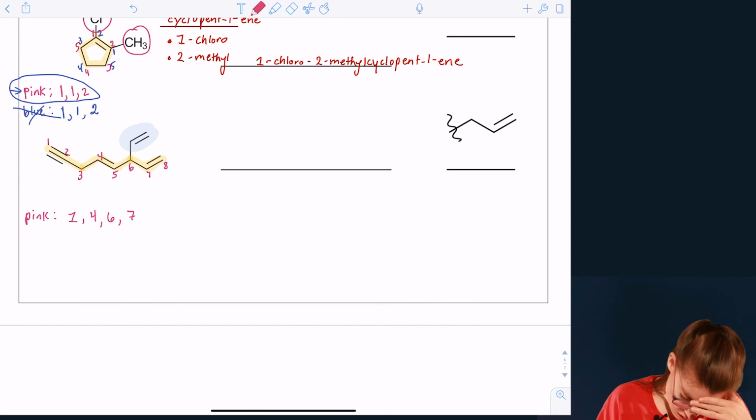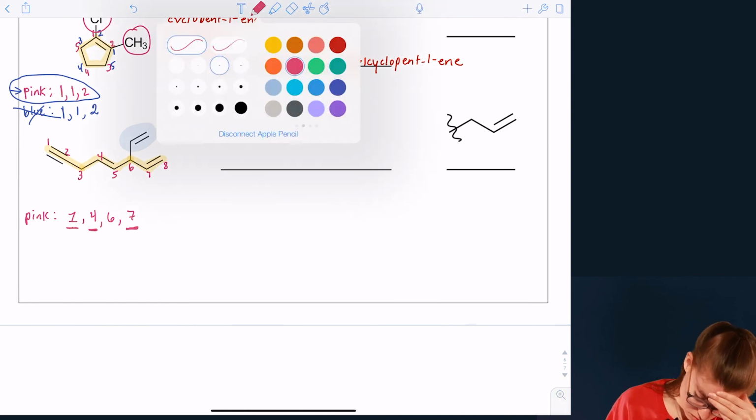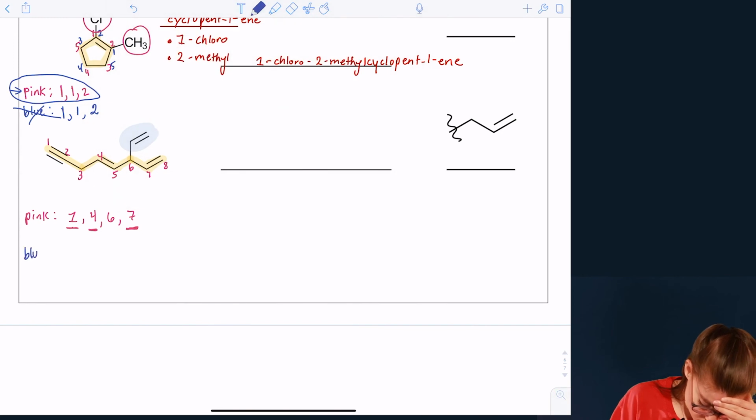Okay. And remember, we do want to focus on double and triple bonds because we want to give them the lowest number. So I'll underline any double or triple bonds. So 1, 4, and 7 are double or triple bonds. So blue, we could do 1, 2, 3, 4, 5, 6, 7, 8.